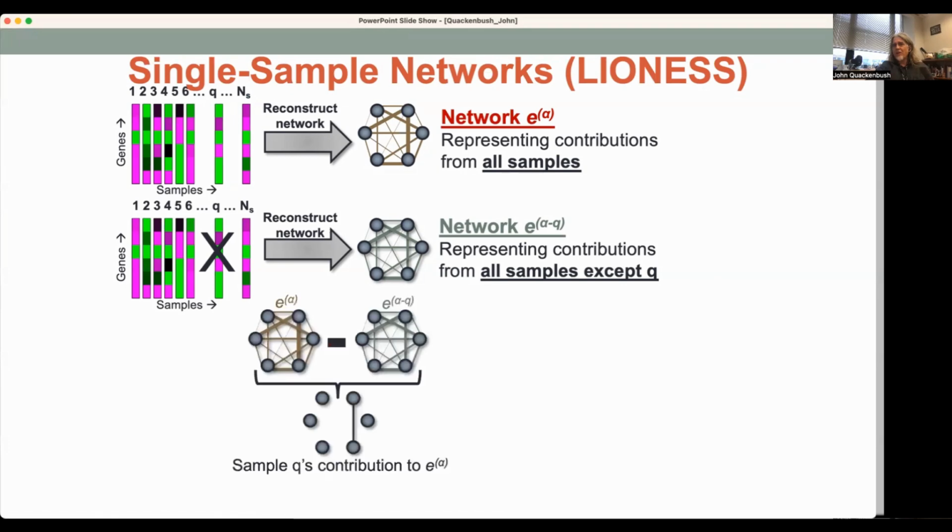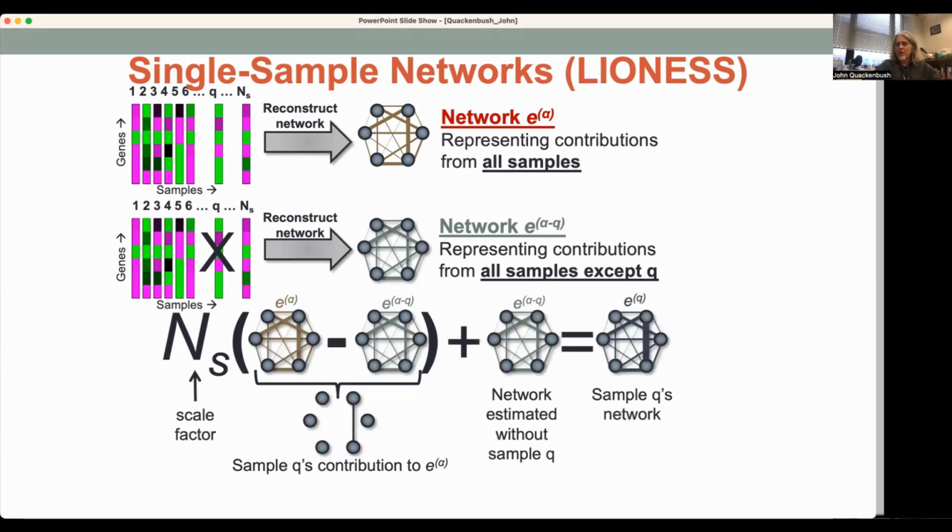And so if I look at the network with you and the network without you and subtract them, what I get is an estimate of the differences between you and the average network. And if I'm really averaging, I can take that average difference, scale it by the number of samples, and add it back to the network without you to get an estimate of your network.